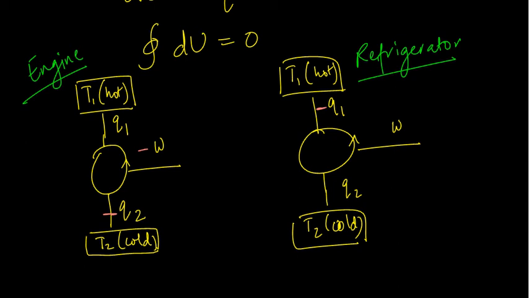Let me read out some statements. The first one is for the engine. This is the Kelvin statement. It is impossible for any system to operate in a cycle. In a cycle is very important. When you see these people who are reporting the collapse of the second law, more often than not, they're not working in a cycle.